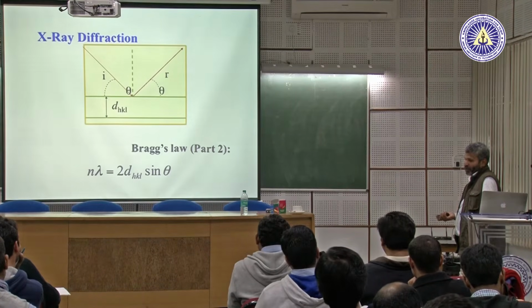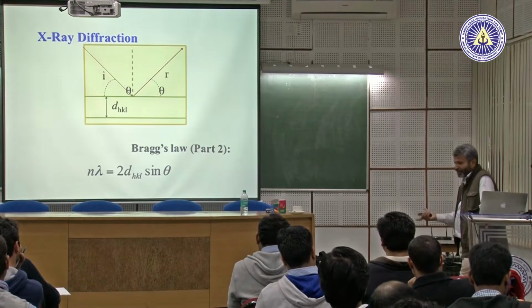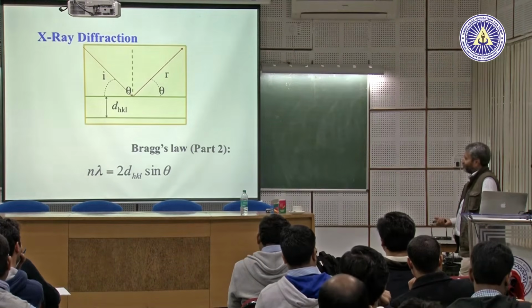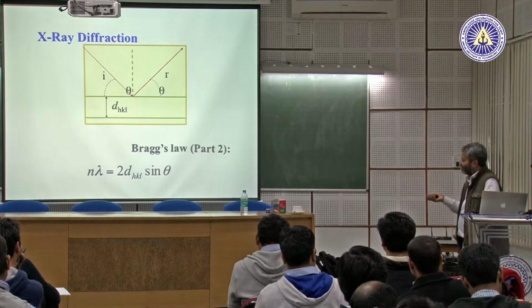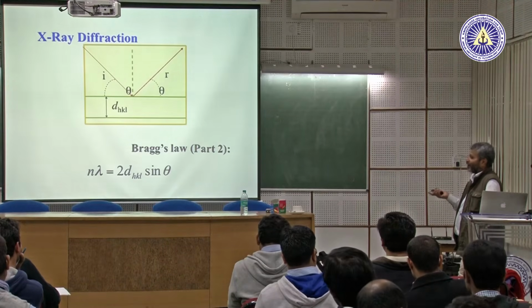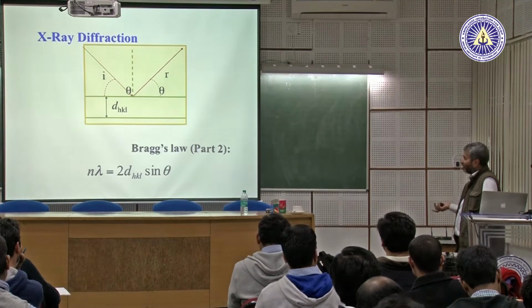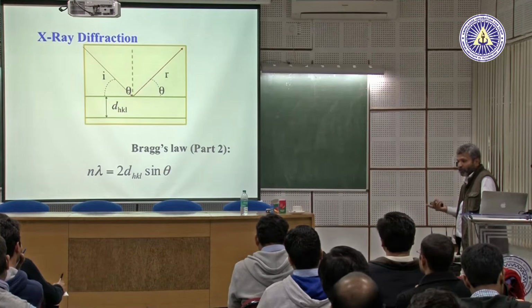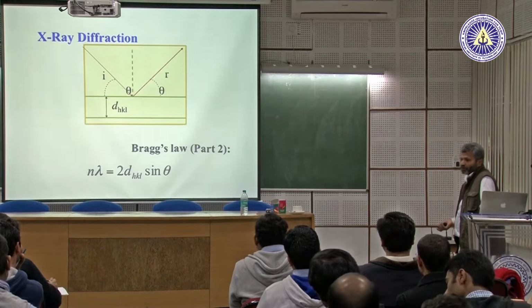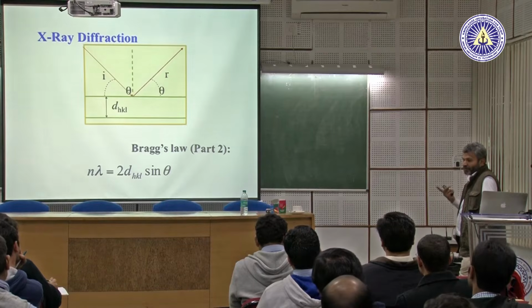As I told you, unfortunately the first part is undervalued, not emphasized as much as the second part, which is what is given as Bragg's law. The second part is immediate, automatic, if you accept the first part. The first part is not immediate, not automatic, has no derivation, it has imagination.